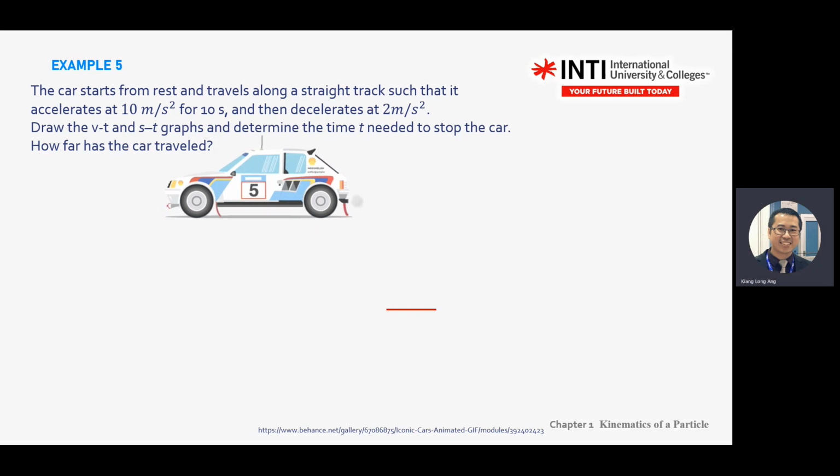Normally, questions in test 1 will ask you to draw 3 graphs: ST, VT, AT.